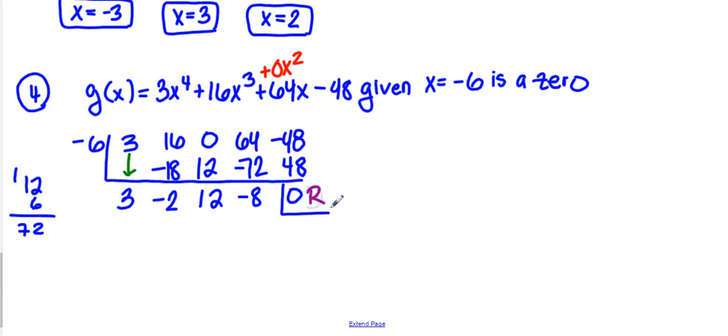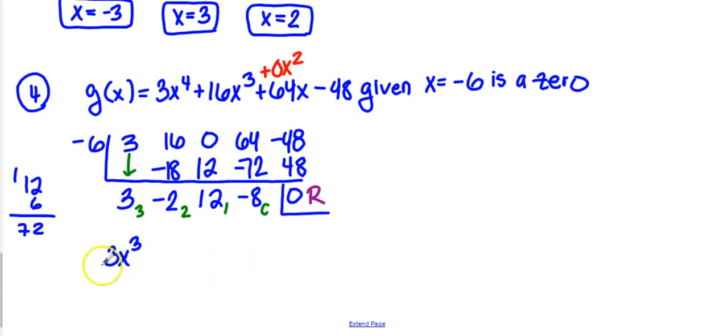We've got 0 as a remainder, which we expect to happen because I'm told this is a 0. Working backwards, constant, 1. When I say work backwards, I think it's just easier to start labeling here. Constant, 1, 2, 3. So this means our result is 3x cubed.